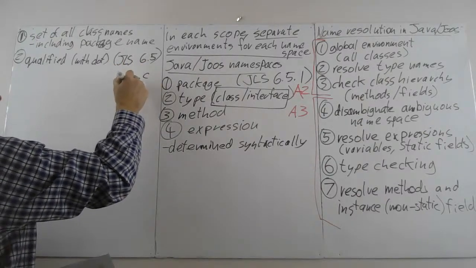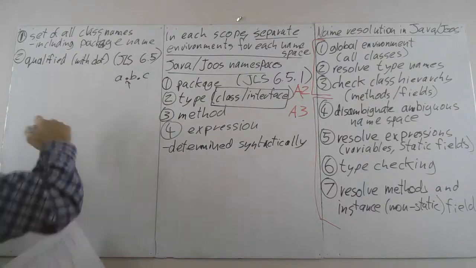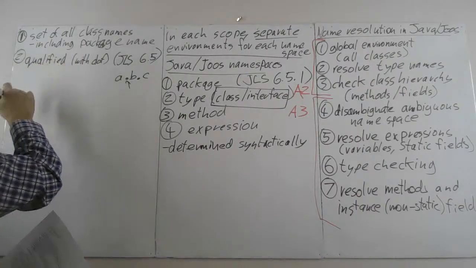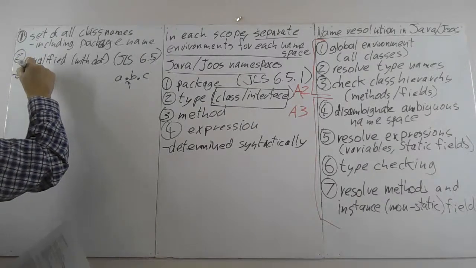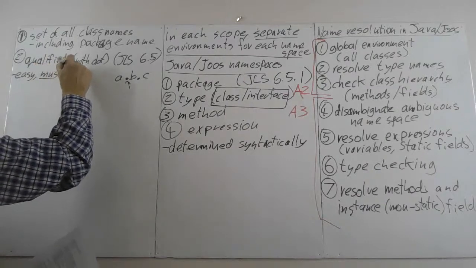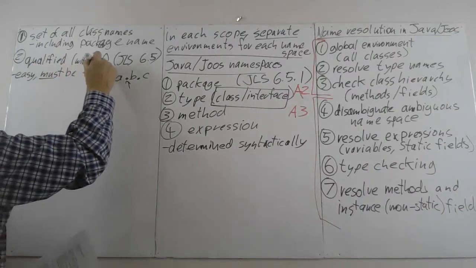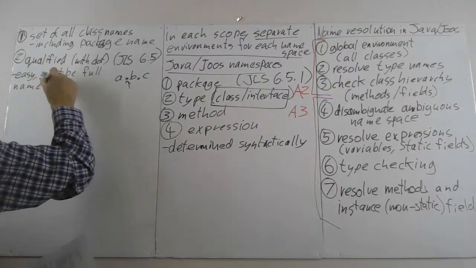But as long as there's at least one dot in the type name, it's a qualified type name. And in Java, when you see a qualified type name, it's easy. That must be the full name of the type.